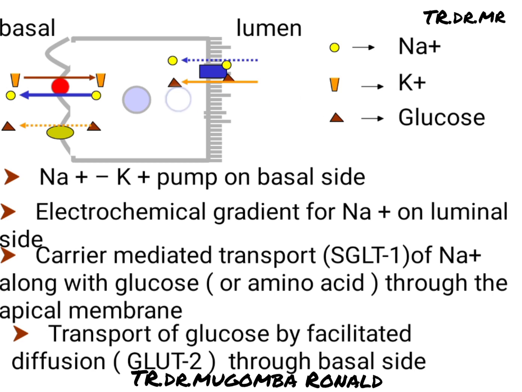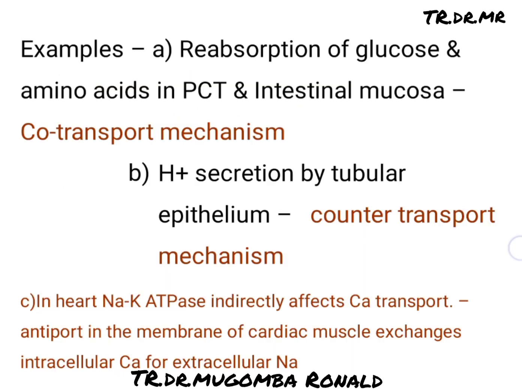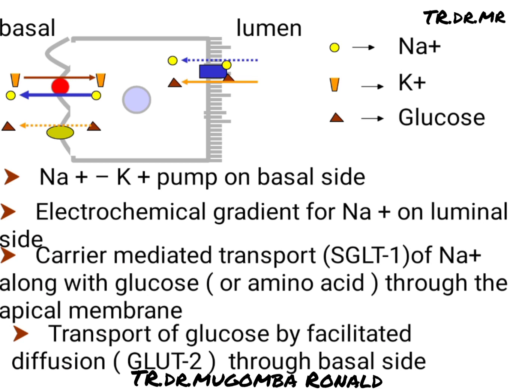Glucose depends on the concentration difference of sodium. So as you take in sodium by simple diffusion, glucose also follows. That is secondary active transport, like the carrier-mediated transporter known as the sodium glucose transporter.